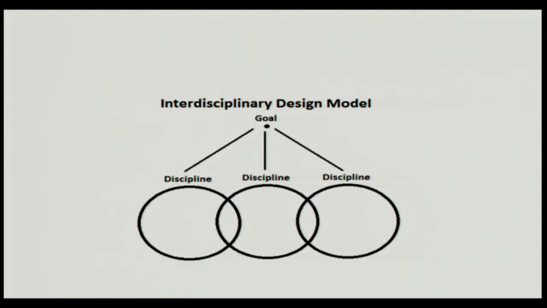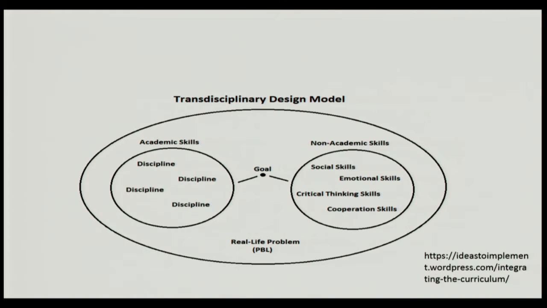And here the student becomes a collaborator of knowledge, while the teacher becomes the designer of the learning environment. So we see how the student's role becomes more and more active. And in the third model, the transdisciplinary model that we actually want to talk about mostly today, you see that there are different things now that are different from the interdisciplinary model.